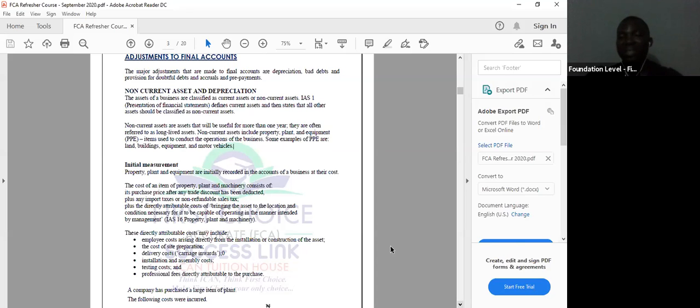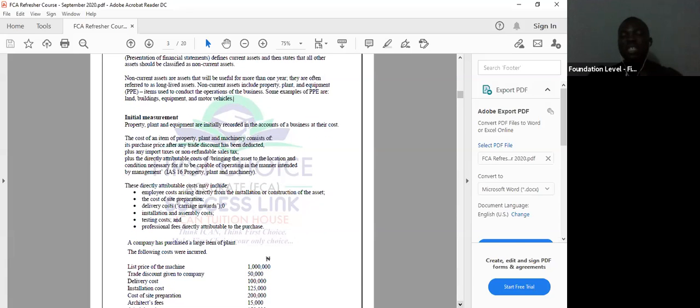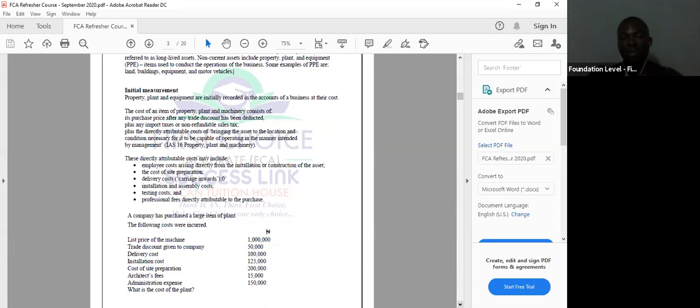But during your testing, if there's any good product that you cannot sell, you have to reduce the cost of that good from the total cost of the asset before you can say this is the total cost of the plant that I have purchased. That is what the standard is talking about, and that is what we refer to as initial measurement.